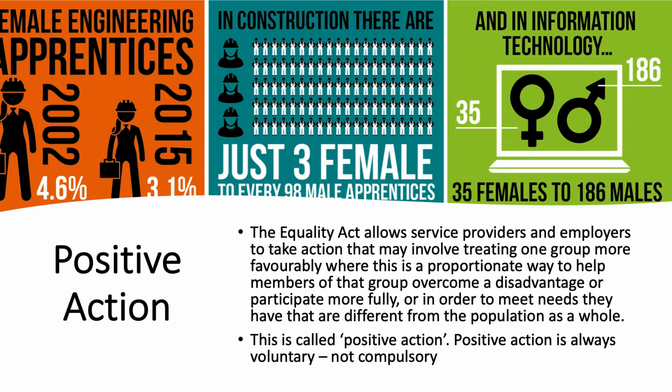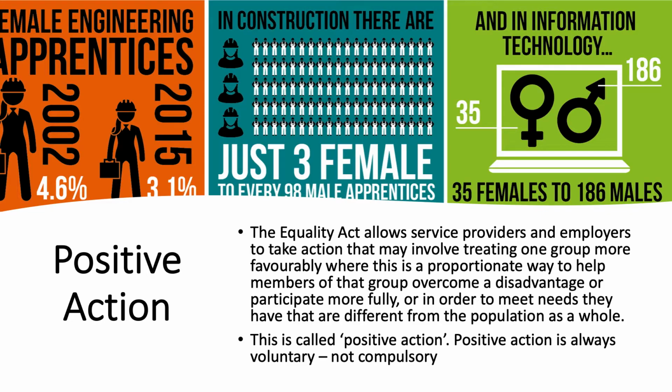So let me give you an example, and you can see in these pictures here. With regards to female engineering apprenticeships, in 2002, 4.6 apprenticeships went to males, and then 3.1 in 2015 went to females. So we can see there's a difference there. The same here, and in information technology, 35 females to 186 males.